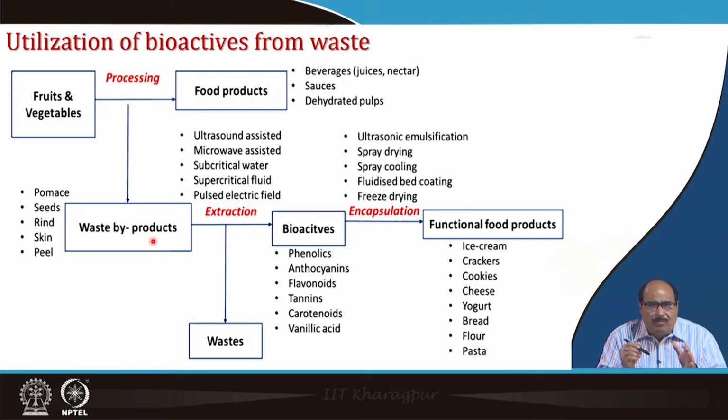For example, they can be subjected to extraction technology, either by conventional methods or by novel extraction techniques, and bioactives like phenolics, anthocyanins, flavonoids, tannins, etc., can be extracted from them. These extracted bioactives can further be encapsulated so that their stability during processing operations is improved.